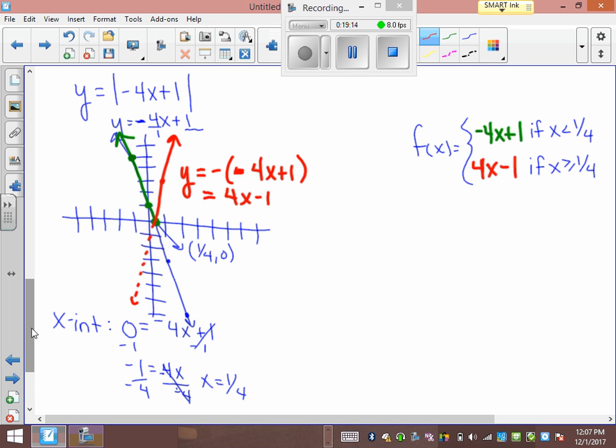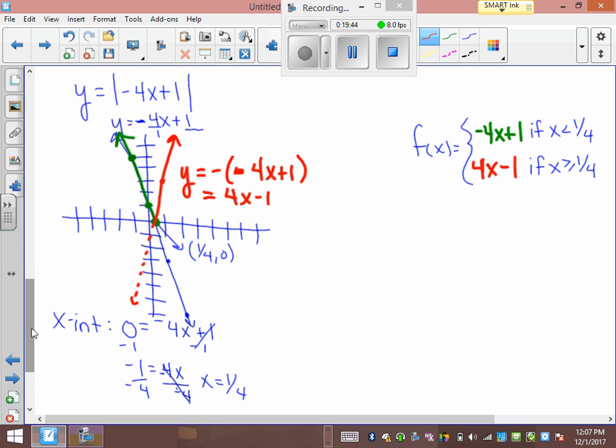Because if you look here, this one didn't change, right? This part didn't change, the green one. And the green one represents this equation, right? And that's to the left of a quarter, is it not? So I put the green one when it says less than a quarter. And then the red one is the one that's reflected up. And because it's reflected up, I have a reflection in the x-axis, which we did in transformations way back when.